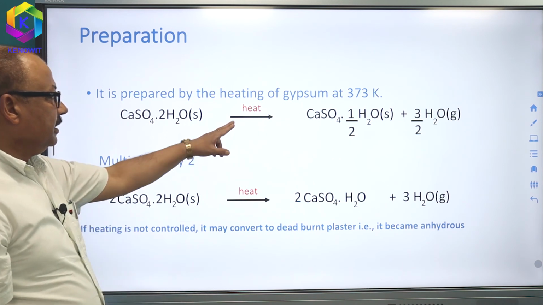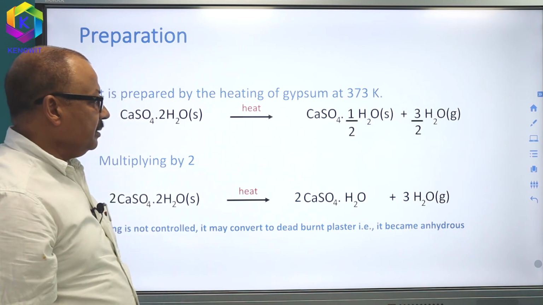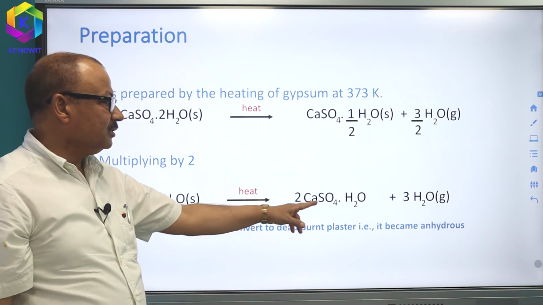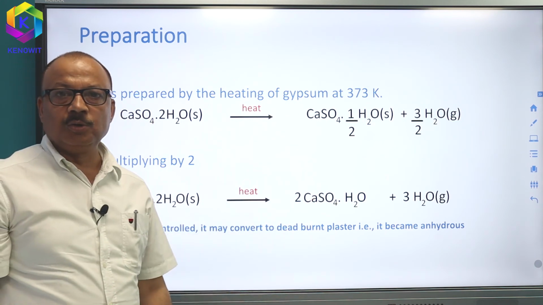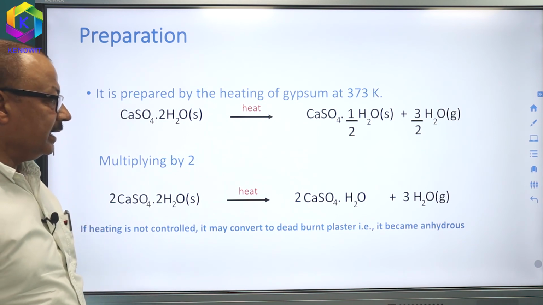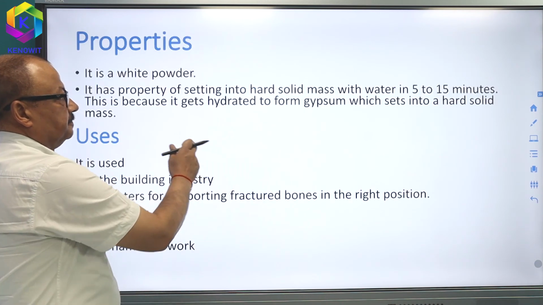It means if heating is not controlled, the calcium sulfate hemihydrate, CaSO4.1/2H2O or 2CaSO4.H2O, loses the entire molecule of water and becomes anhydrous CaSO4, which is known as dead burnt plaster.